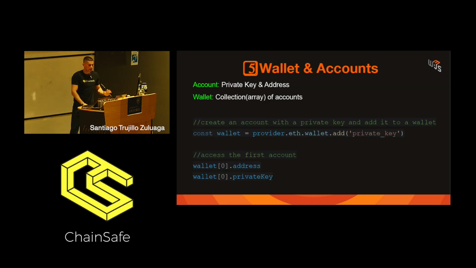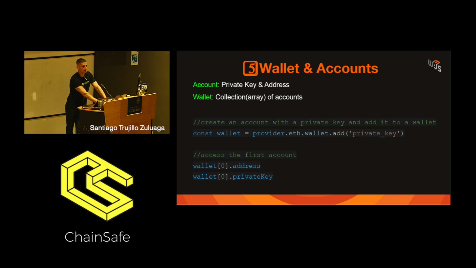Okay, and then wallets and accounts. These wallets and accounts are important when we want to call writing functions in the blockchain because, as I told you, we need to have funds and we need to have a wallet if we want to send a transaction. So this is how we initialize a wallet using Web3.js. Everything is web3.eth, so you need to put this in your memory, take a photo of this, web3.eth.accounts.wallet.add, and then you will have a private key.